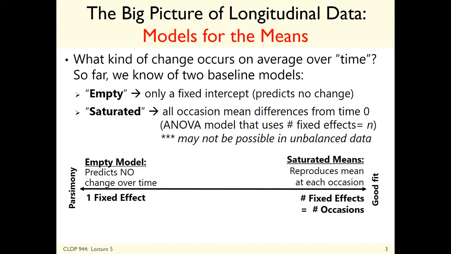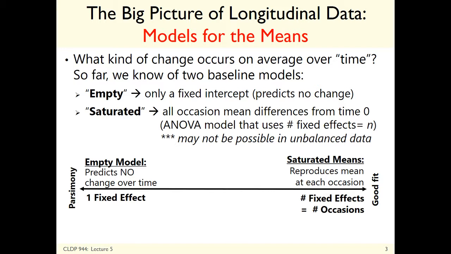On the other side of the spectrum, the worst fitting model is that one, and the best possible fitting model is saturated means, with as many means as you have occasions. This is only possible for balanced data. Otherwise, you'd have to have a separate mean for every unique value of time, and it may not even converge.